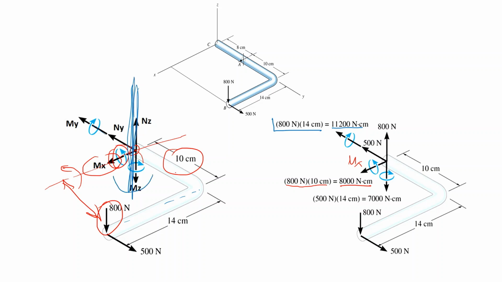Your Mz is in this direction, trying to rotate the section around this axis. So the external load, which has a similar effect, is 500 times, as you see, this moment arm, which also tries to rotate the section around the Z. You see that 500 times 14 is your Mz value. Now we have everything.